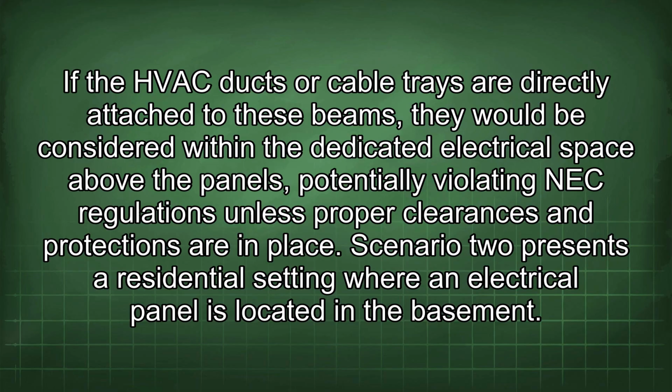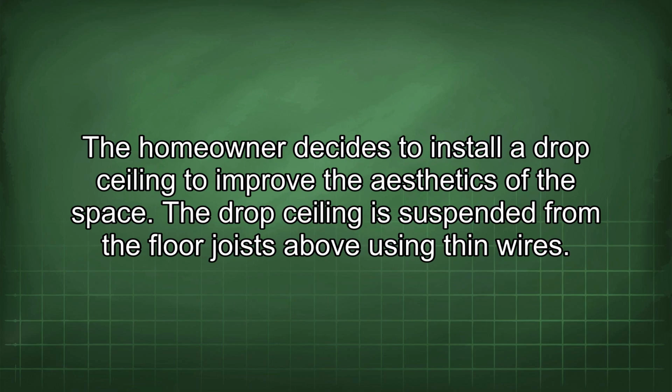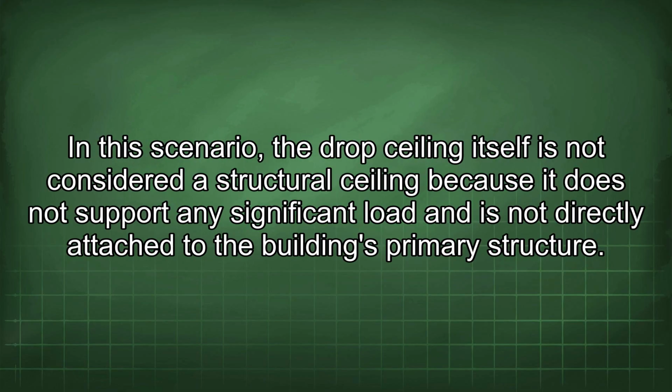Scenario 2 presents a residential setting where an electrical panel is located in the basement. The homeowner decides to install a drop ceiling to improve the aesthetics of the space. The drop ceiling is suspended from the floor joists above using thin wires. In this scenario, the drop ceiling itself is not considered a structural ceiling because it does not support any significant load and is not directly attached to the building's primary structure.